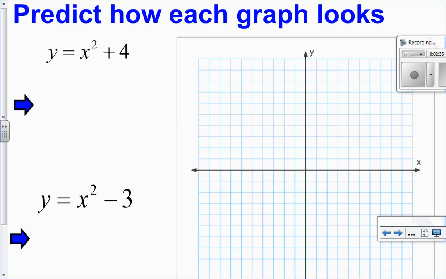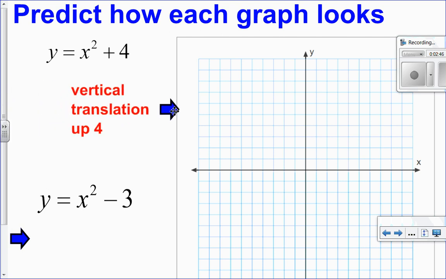So let's predict how each graph would look. If I have x squared plus 4, so that's my base graph of x squared, and then I'm adding 4 to it. So what I should expect to see is a vertical translation up 4 units. So let's put that on our graph. So normally my parabola starts at 0, 0. Now the number in front of x squared, since there's not one, is 1. So that just means I go over 1 and up 1, over 1 and up 1.